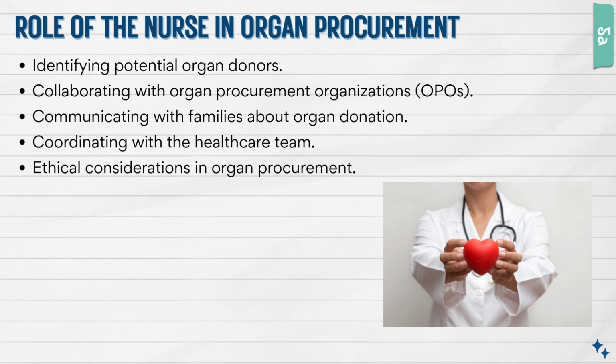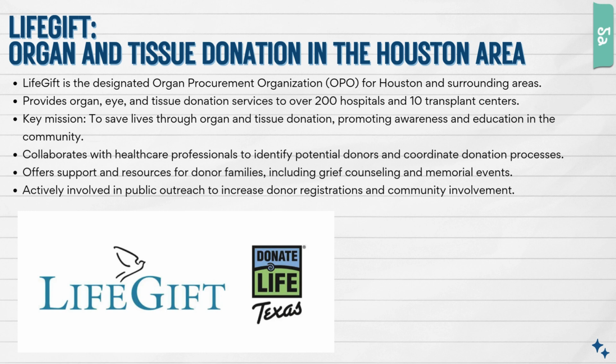We also are responsible for coordinating with the rest of the healthcare team to maintain the viability of the donor's organs, manage any medical complications of the patient, and prepare for the surgical retrieval of the organs. Throughout this whole process, you need to keep in mind the ethical considerations, respecting the donor's and the family's wishes and adhering to the legal guidelines.